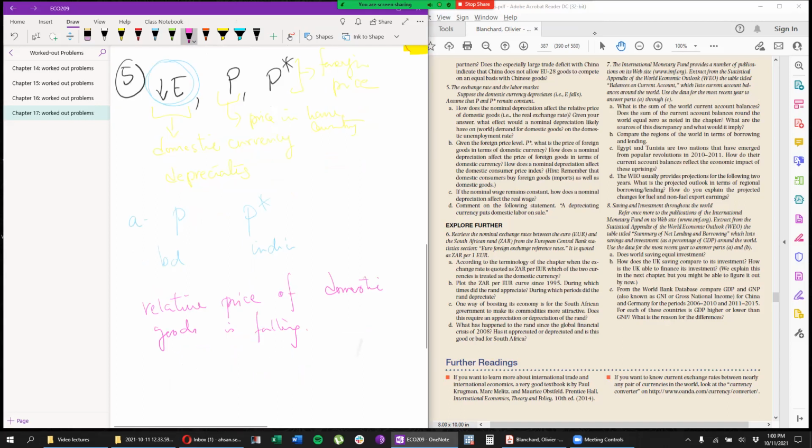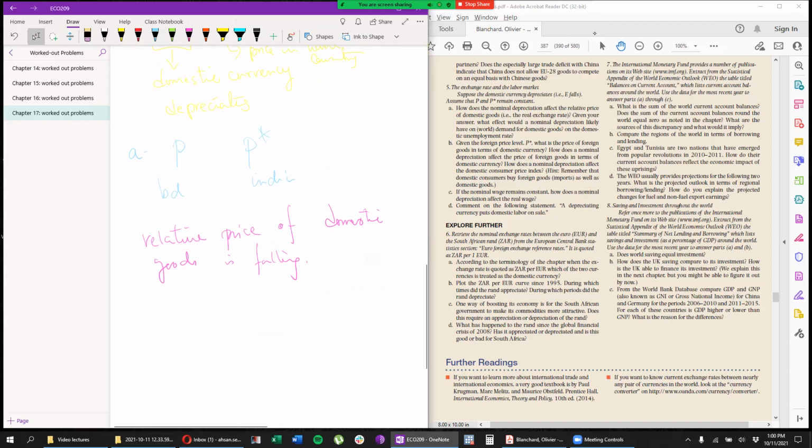Now, if it's not obvious to all of you why, we can also use the formula. Remember, this is equal to E times P by P star, right? And what we know is that E has fallen, but P and P star have remained constant.